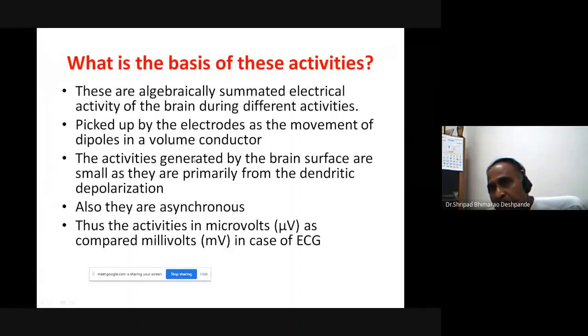As we have seen, the basis of it is similar to the basis of the ECG. That is the electrical activity picked up by the electrodes. This electrical activity is generated by the current sinks by the movement of dipoles in a volume conductor. The body is a volume conductor, and a dipole is a structure separated by two different polarities.